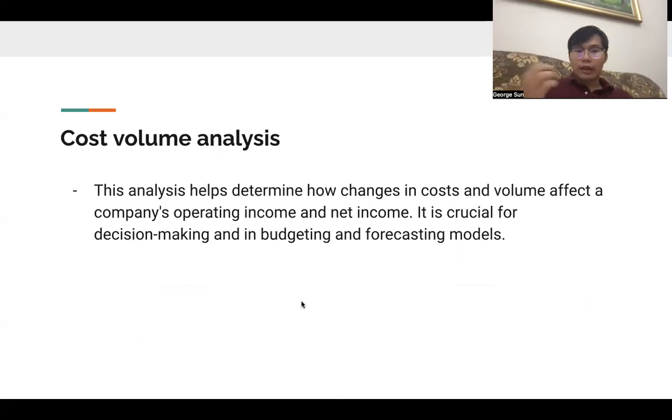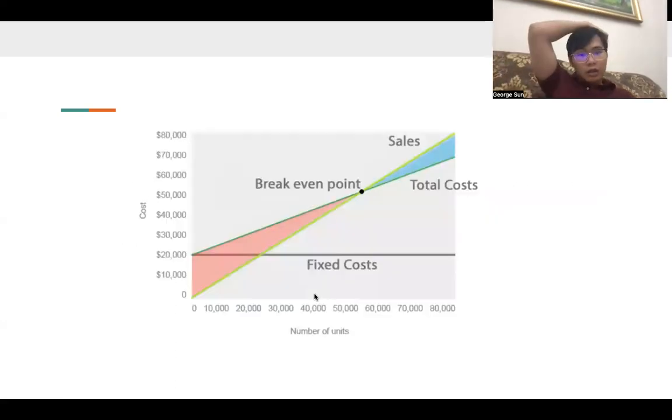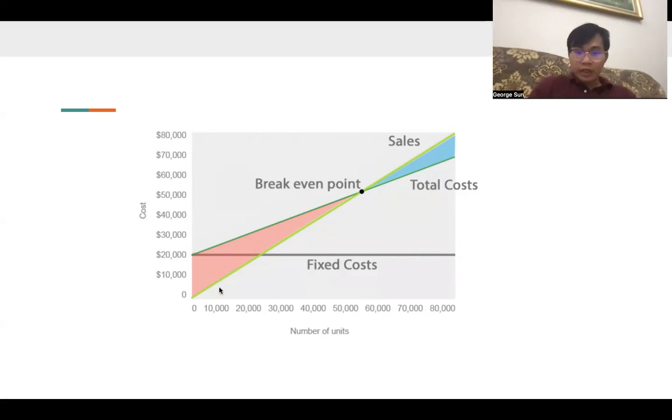Now we have to look at cost-volume analysis. It helps us to determine how changes in cost and volume affect a company's operating income and net income. We have to look at this to make decisions in budgeting and forecasting models. Since we know the fixed cost is always consistent, it is just a straight line.